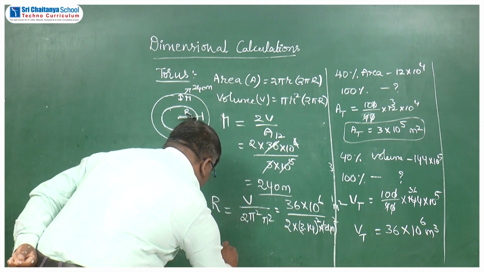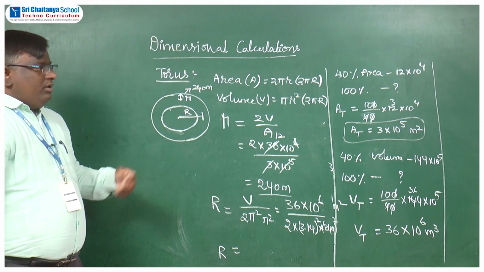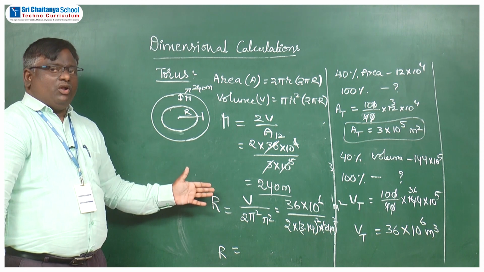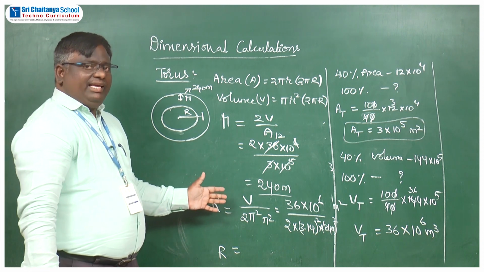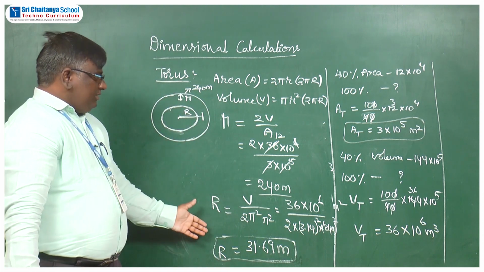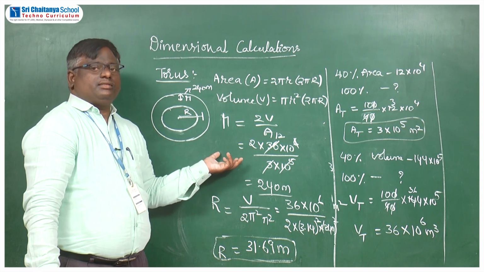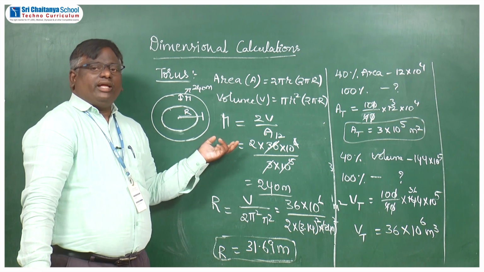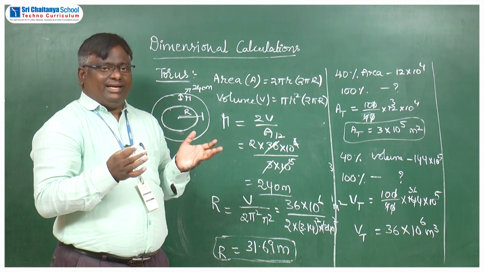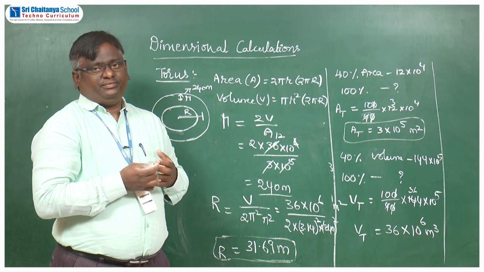If you calculate all these values, the value of capital R will be 31.69 meters, whereas small r will be 240 meters. You need not worry about it. The outer radius is smaller than the inner radius, so it will look like a donut shape. Okay.